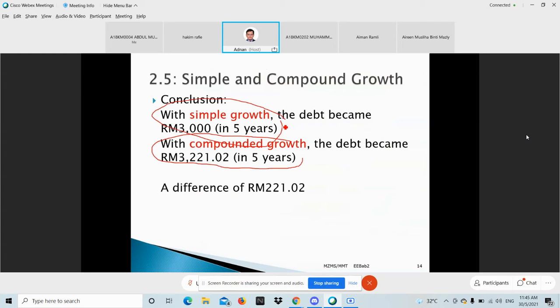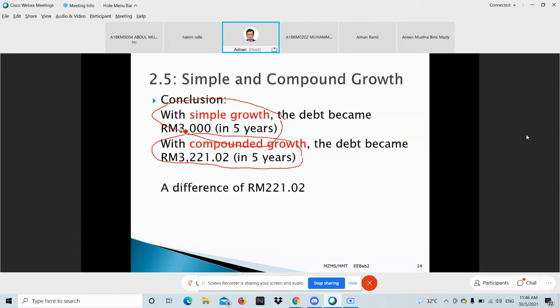Okay, so ada juga yang meletakkan growth ini sebagai apa dia panggil servis bayaran perkhidmatan. Betul jugalah sebab dia nak run the company, nak sewa office, mesti kena ada bayaran lah.